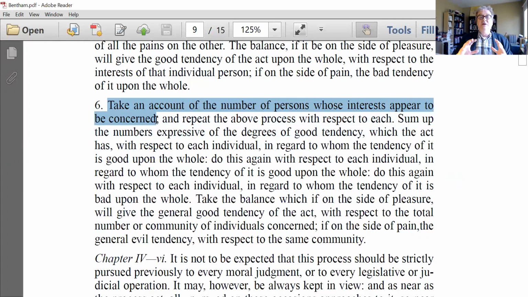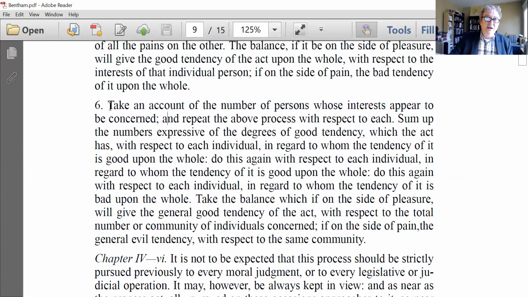Now, Bentham actually assumes that we're talking only about people, but if you read John Stuart Mill's utilitarian writings, he seems to be leaving it open for non-human animals to be given consideration when deciding what is morally good or bad to do.